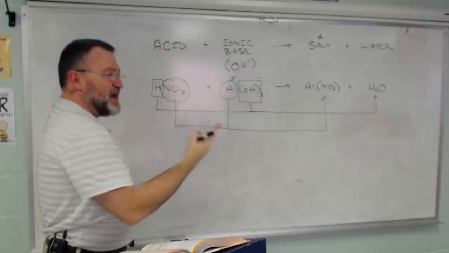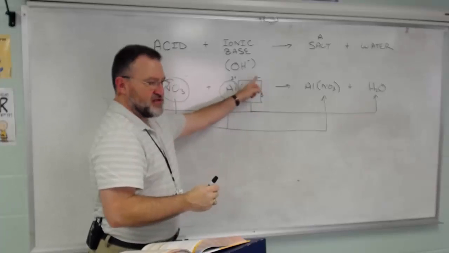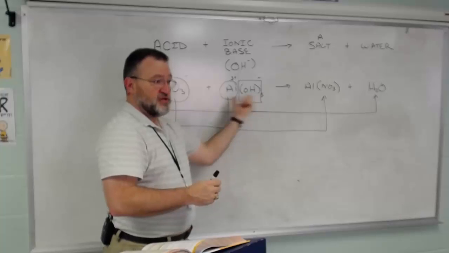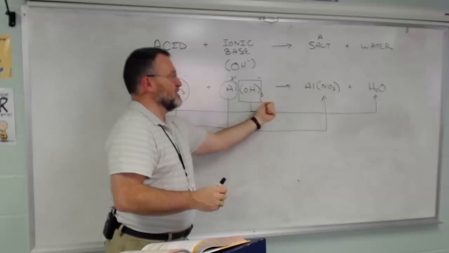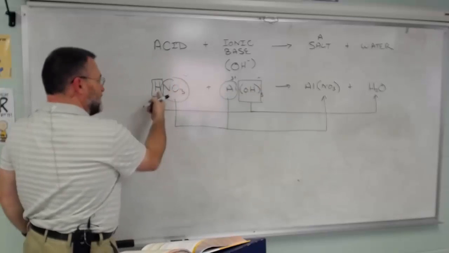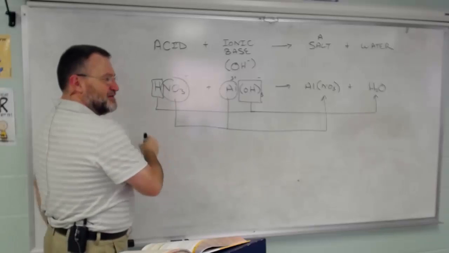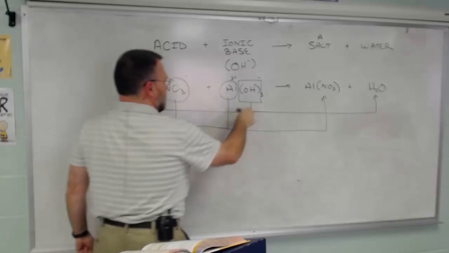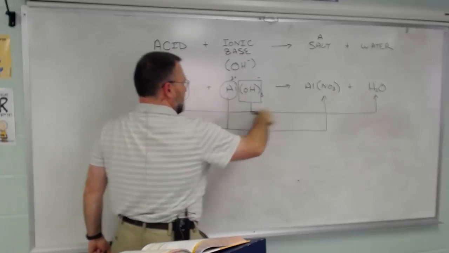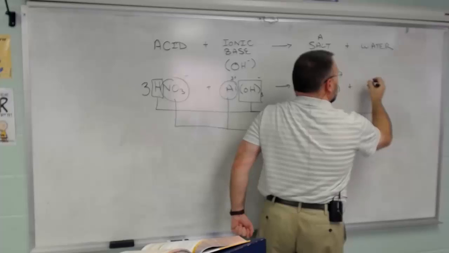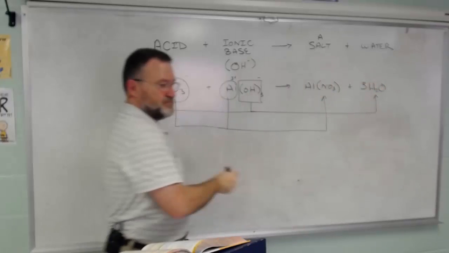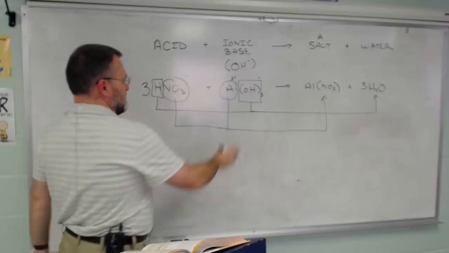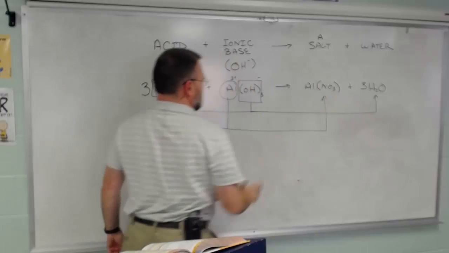So how many hydrogens do I need to donate to 3 hydroxides to make water? I need 3 hydrogens added to 3 hydroxides to make 3 waters. How do I get 3 hydrogens from my acid? Coefficient of 3. Now I've got my 3 hydrogens. They're going to combine with my 3 hydroxides, and they're going to produce what? 3 waters. Okay? My 3 hydrogens react with my 3 hydroxides to produce 3 waters.